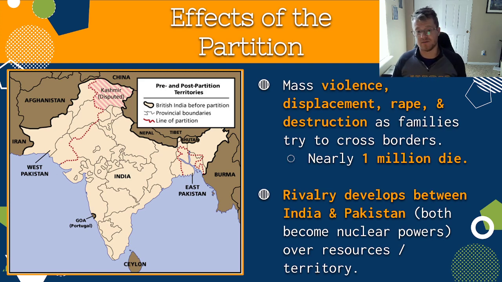And nearly 1 million people are going to die. This also starts a very nasty, long-running rivalry between India and Pakistan that has persisted to the modern day, over everything from who owns resources, because if a river flows through India and ends up in Pakistan, that causes issues over water, to even nuclear weapons, because both India and Pakistan nowadays have nuclear weapons, and territory itself like Kashmir that you can see there on that map.